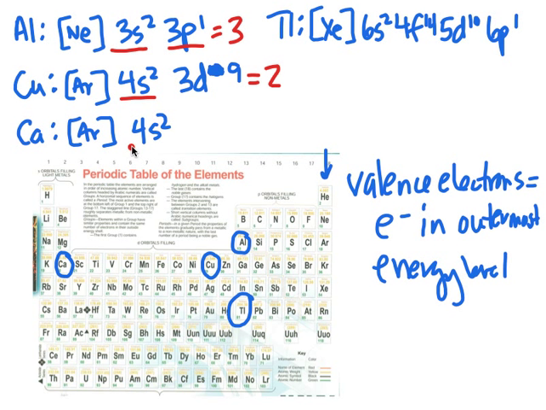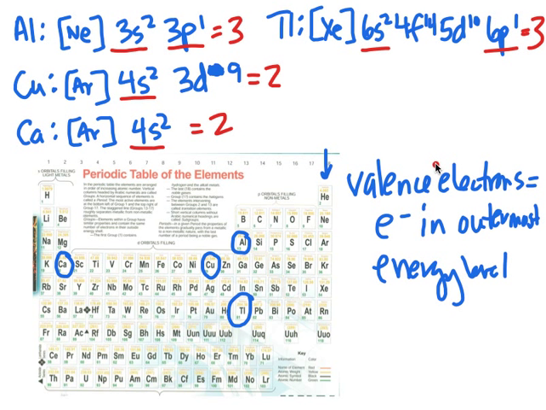For calcium, the fourth energy level is the outermost energy level, and that has 2 valence electrons. For thallium, our outermost energy level would be the sixth energy level. So just like we did with aluminum when we looked at the s's and p's, for thallium we have to look at the s's and p's as well. So 2 in the s, 1 in the p, that's a total of 3 valence electrons.